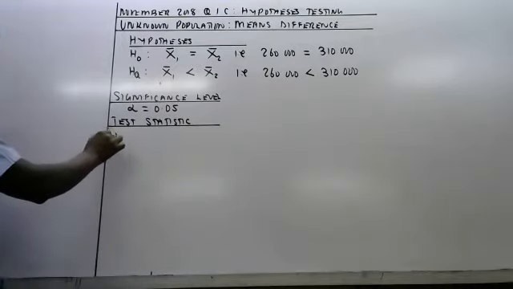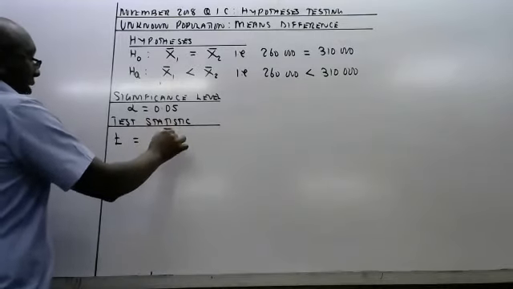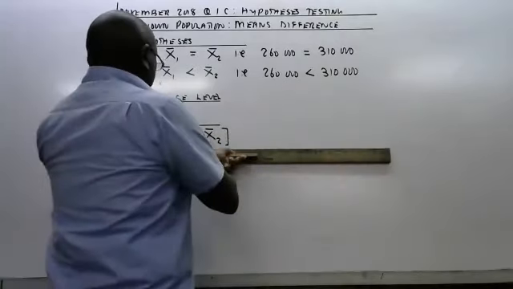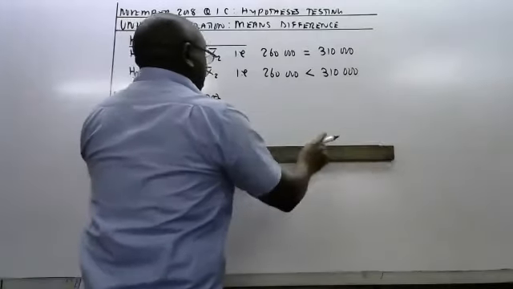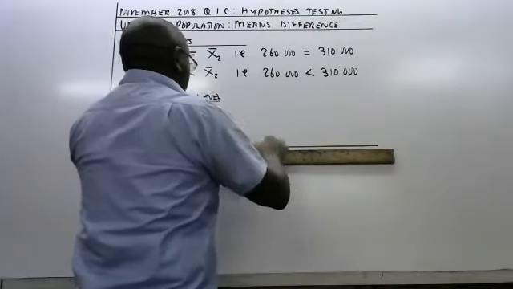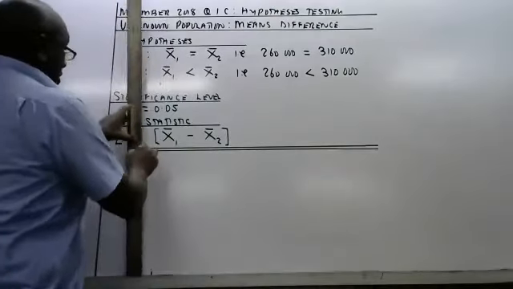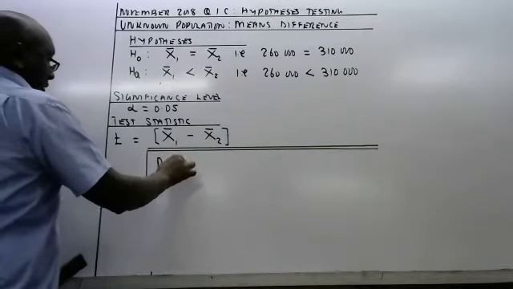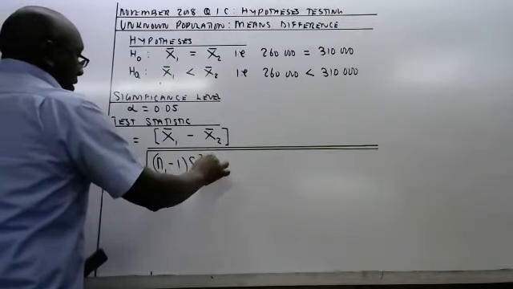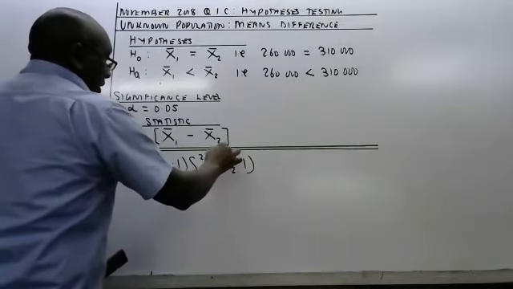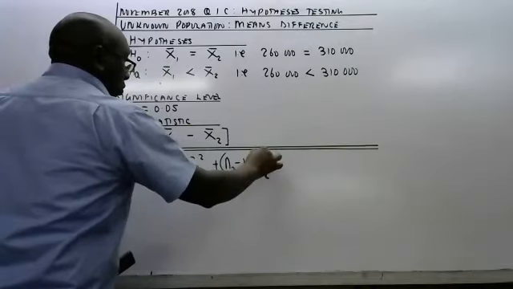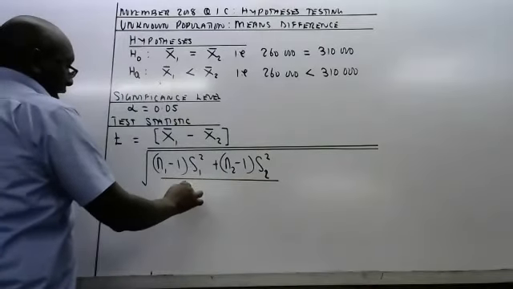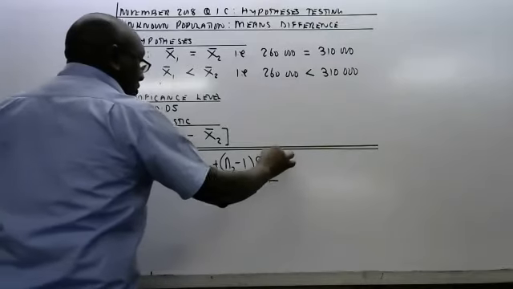So the test statistic T we know is given as x bar 1 minus x bar 2, you divide by the square root of n1 minus 1 s1 squared plus n2 minus 1 s2 squared, you divide all this by n1 plus n2 minus 2.